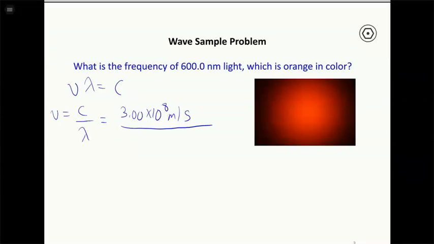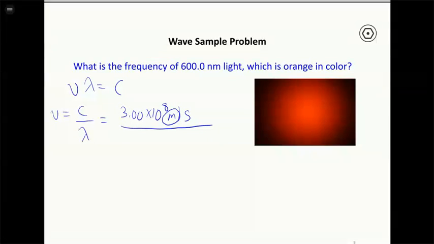I know there is a non-trivial subset of the population in this room that will refuse to write units when they're doing problems, and I encourage you to abandon that practice and actually write them out and be very mindful of them. The common mistake is that the speed of light is given to us in meters per second, but the wavelength is often given to us in some other unit, in this case nanometers. So we can't just slap this 600 down here and call it a day.